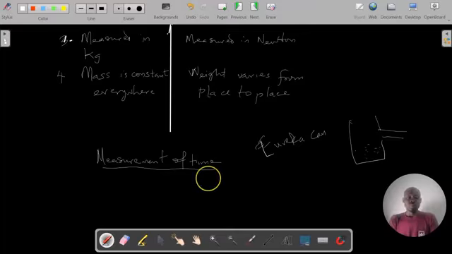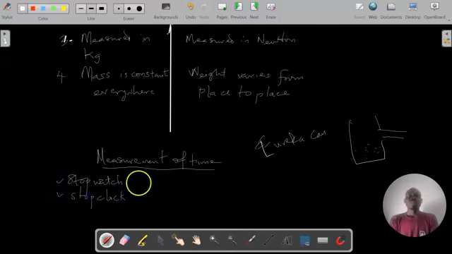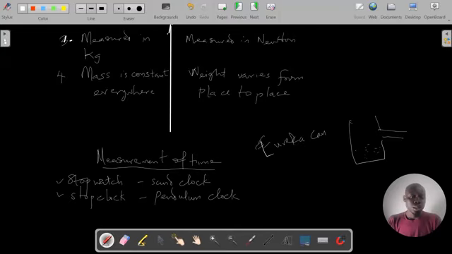When you talk about measurement of time, you can make use of instruments such as stopwatch, stop clock, wristwatch, and a sand clock. This is a sand clock. Okay, a pendulum is also an instrument, the pendulum clock. So you have them like that.